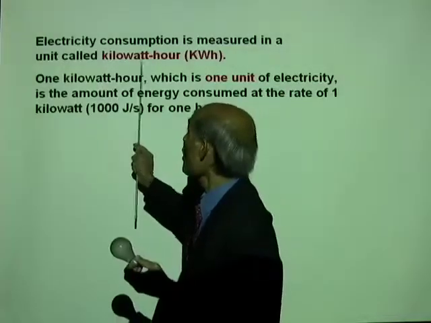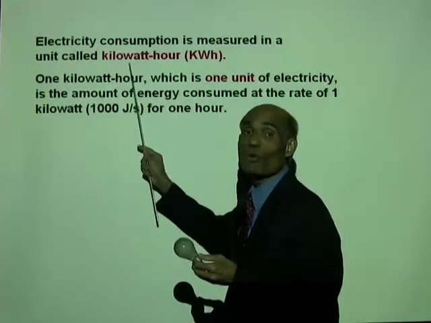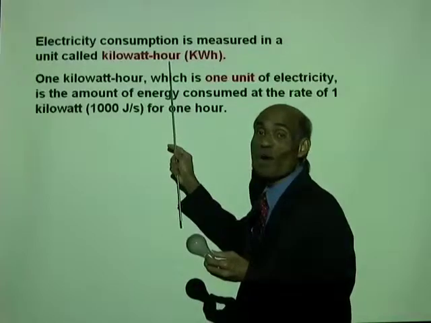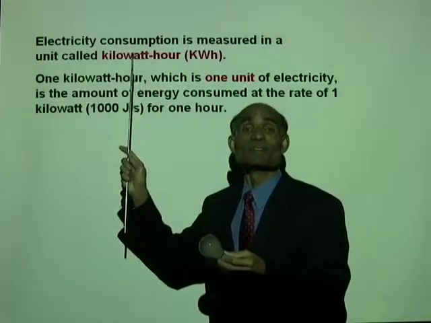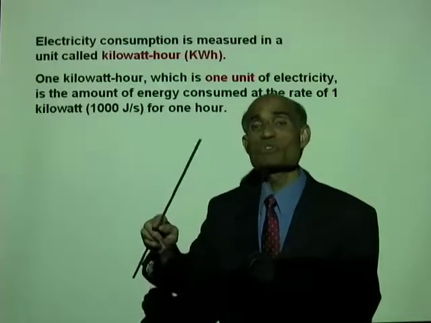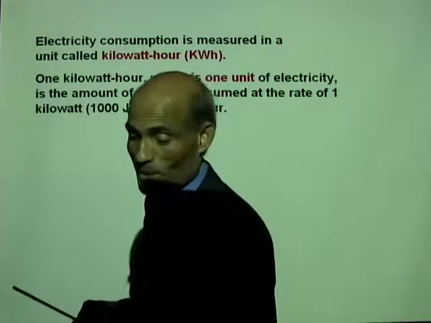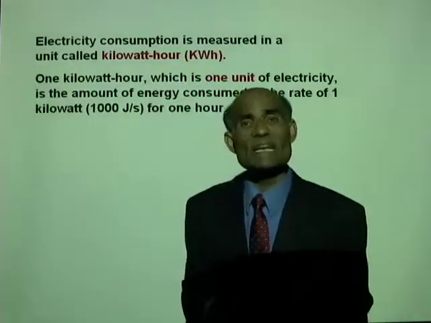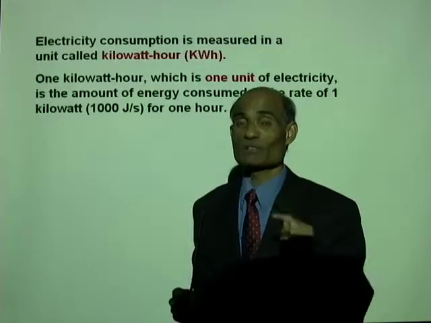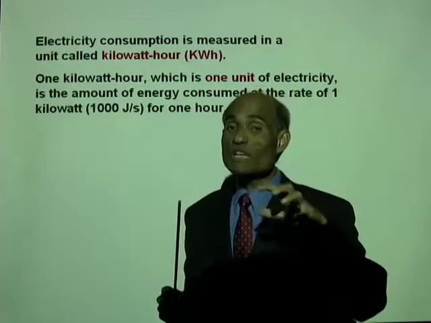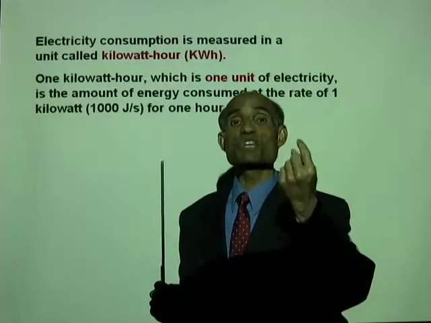And that much is called a kilowatt hour. That is, 1 kilowatt used for 1 hour is a kilowatt hour. So can you tell me, how would you calculate the number of units? Tell me, if you have a water heater that is rated at 2 kilowatt, that means that water heater will use 2000 joules of energy in 1 second.